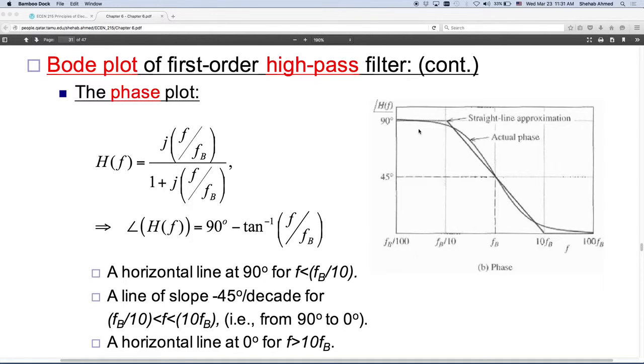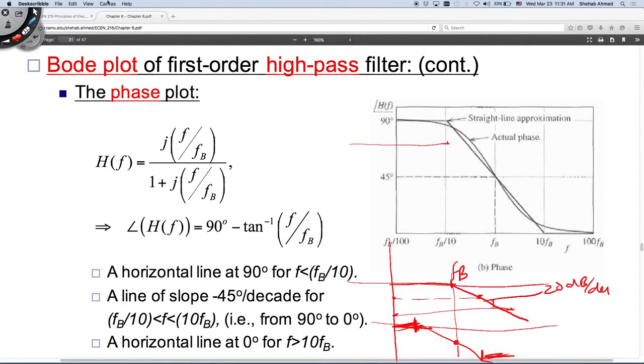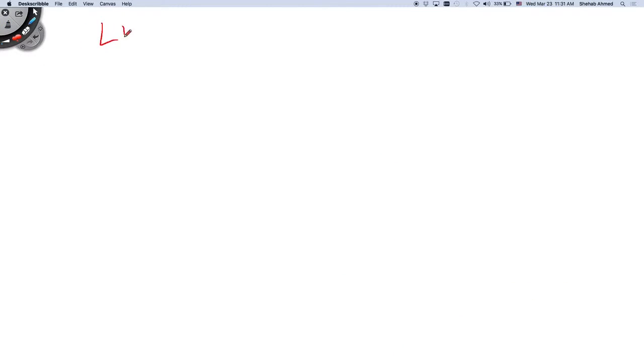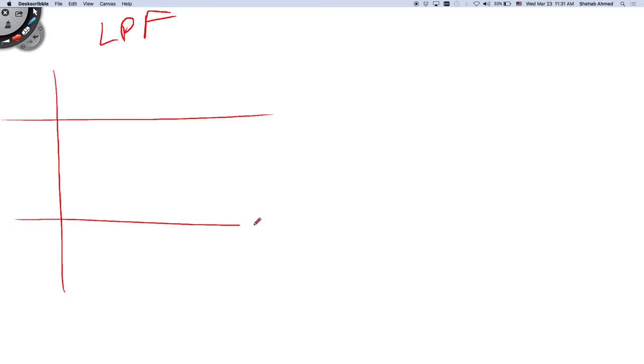If you want to draw the asymptotes for the low pass filter, magnitude and phase. At low frequency, what is the low pass filter doing? The low pass filter would like to pass the low frequency signal through as it is, right?